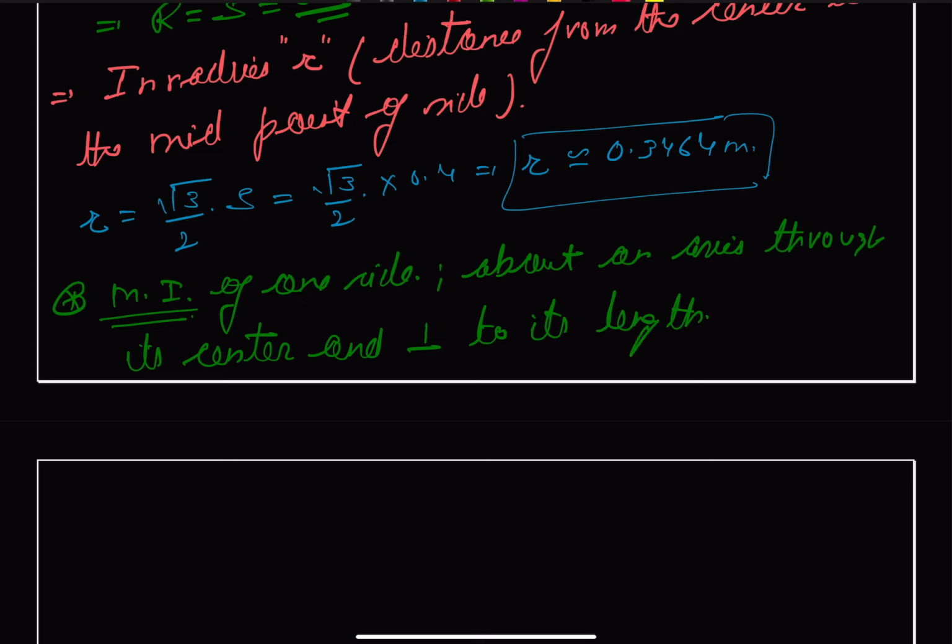So basically here we are considering a straight rod whose length is s and axis is passing through its center. And for the other one this will be something like this and all like this. Okay.